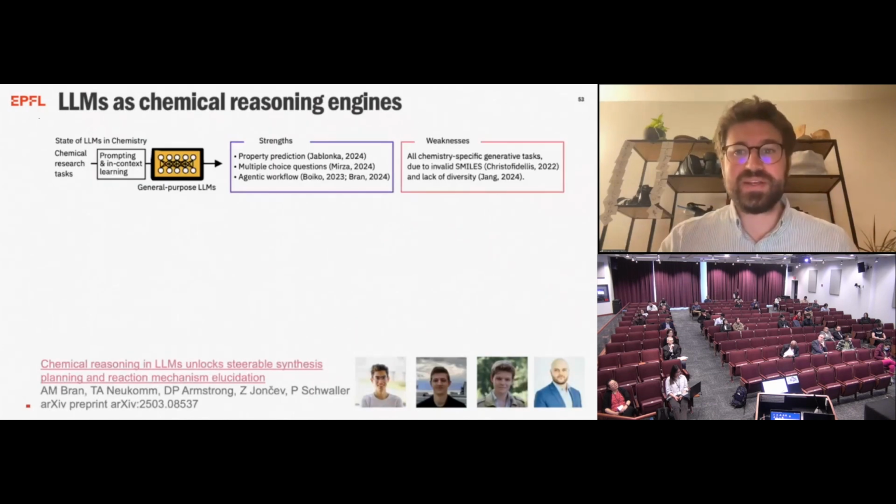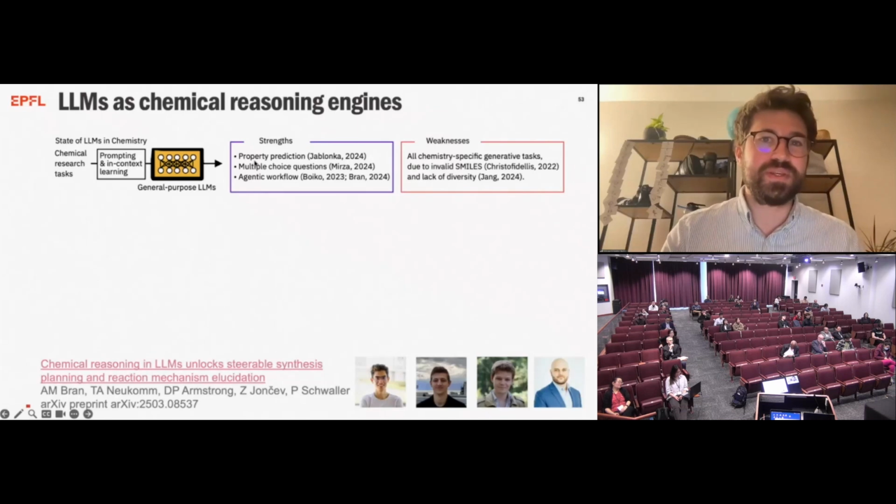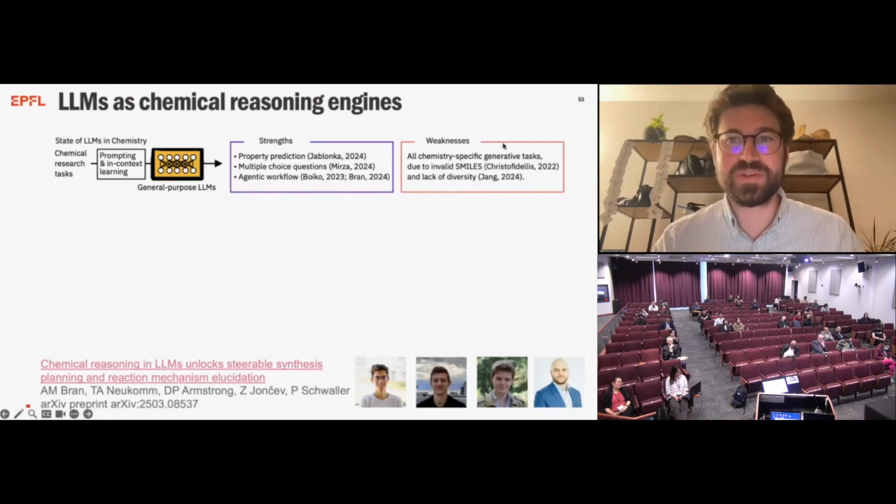For that, we recently worked in my group on using them slightly differently, because we observed that we can fine-tune them for property prediction, and they're reasonably good in agentic workflows and multiple choice questions.